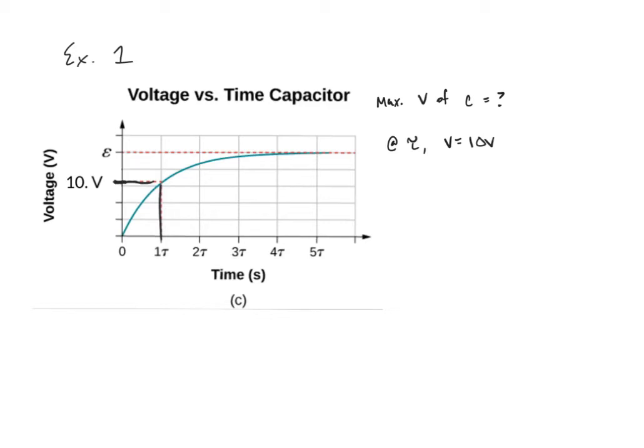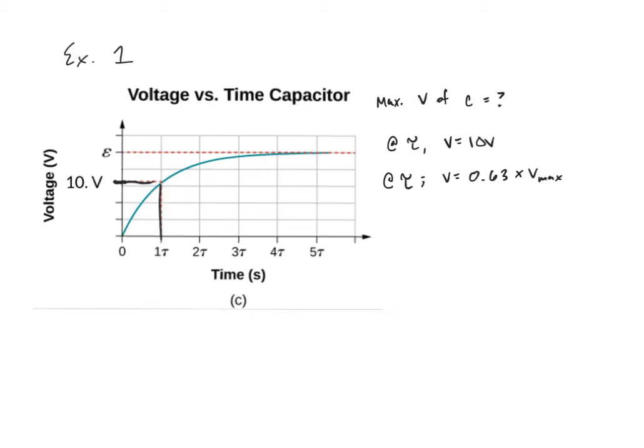I also know that by definition, at my time constant, my voltage is equal to 0.63 times my maximum voltage. And that comes from the definition of our time constant, which is the time that it takes for our capacitor to reach 63% of the maximum voltage it can hold.